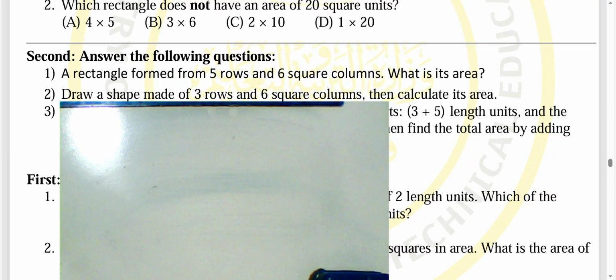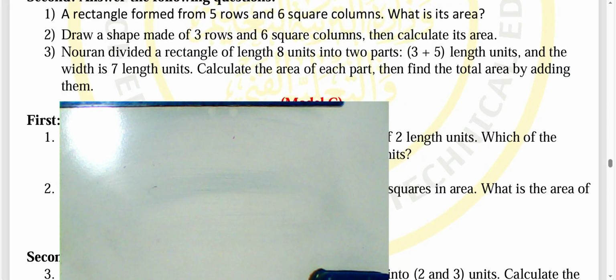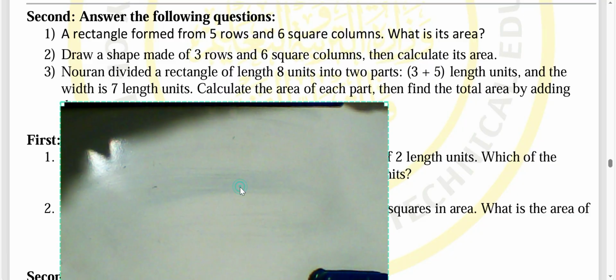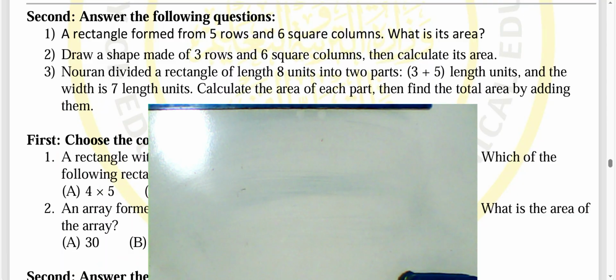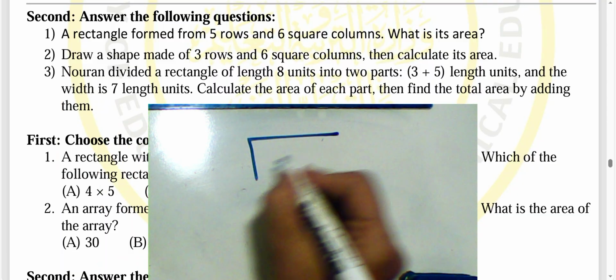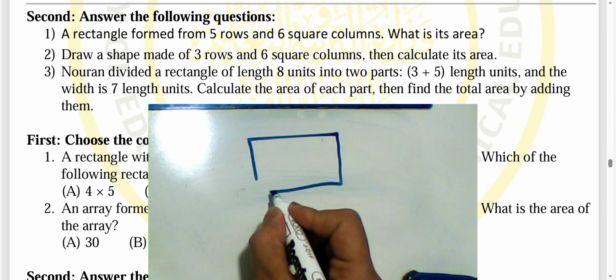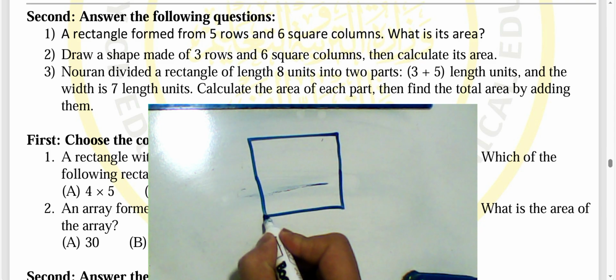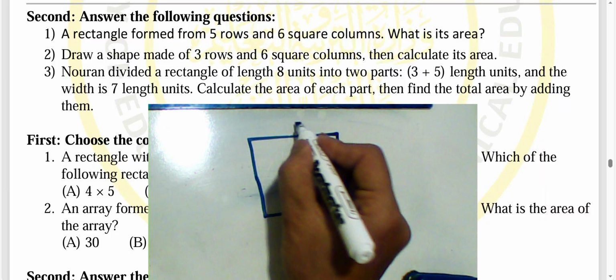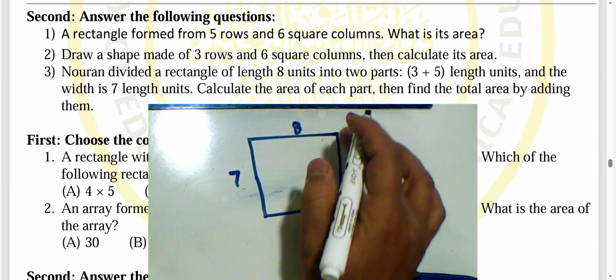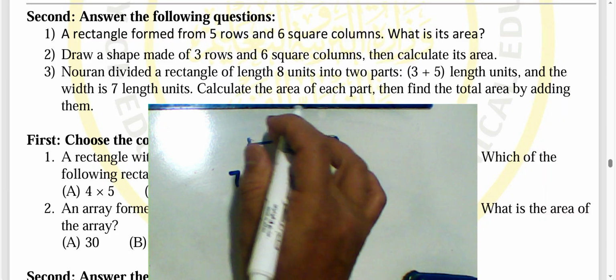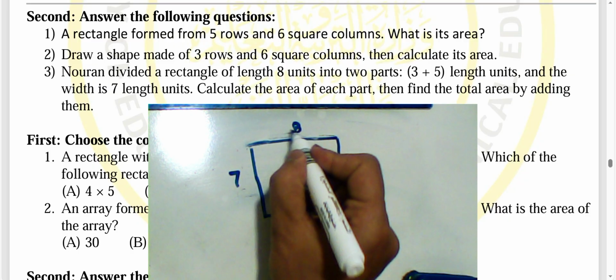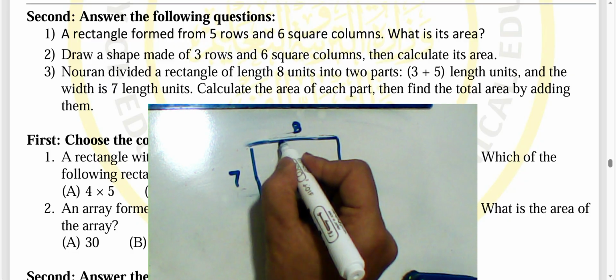Next question, number 3. Nurhan divided a rectangle of length 8 units into parts 3 and 5, like here, and the width was 7, like this. Okay, this 8 and this 7 units. And she divided 8 into parts 3 and 5.